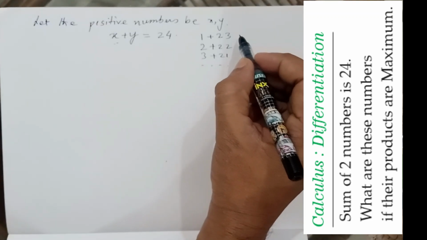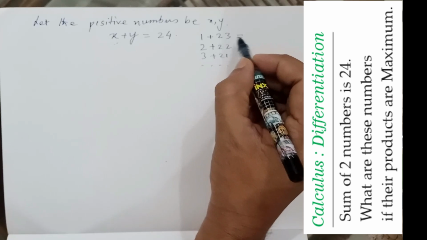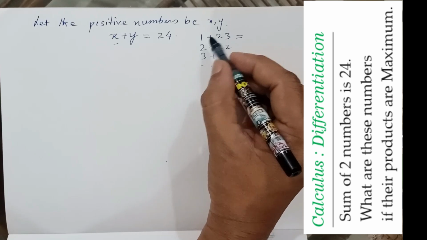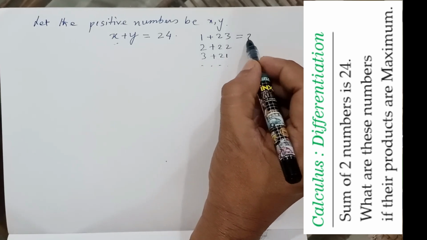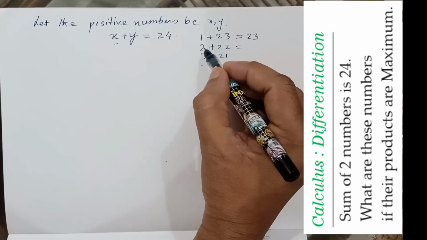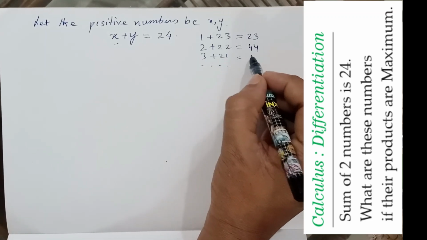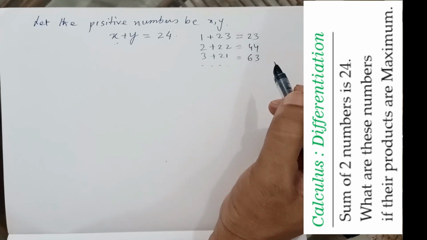Now if you multiply these two terms, 1 into 23 is 23, 2 into 22 is 44, 3 into 21 is 63. See that it is increasing, correct?